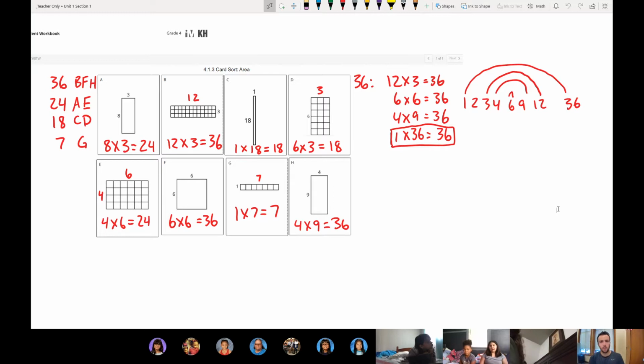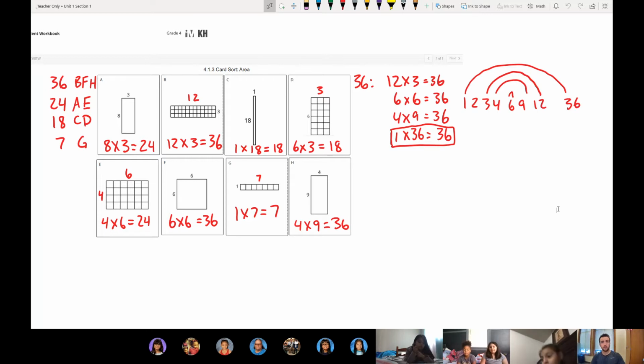Let's think about what's close. Okay, 36 is close to 40, right? Well, what's half of 40? What do you need to add twice to get 40? We would add 20 twice, wouldn't we? 20 plus 20. So we know that 20 is half of 40. Now 36 is a little less than 40, so half of 36 is going to be a little less than 20. Does that make sense?